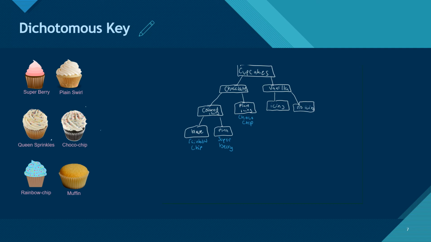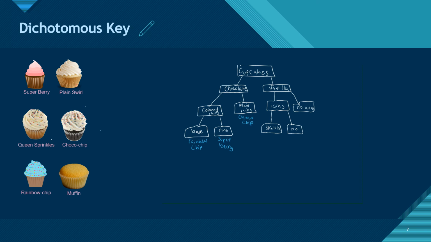Now we can look at which ones are vanilla, and we see that 2 of them have icing. How can we differentiate those 2? Well, I see that only 1 of them has sprinkles. So I'm going to do sprinkles and no sprinkles.